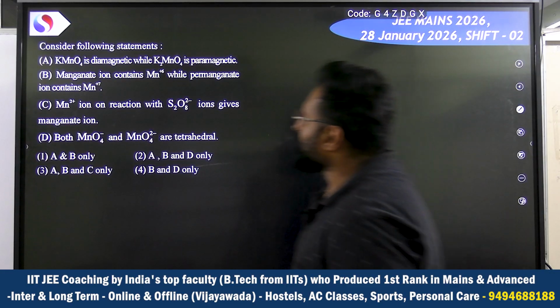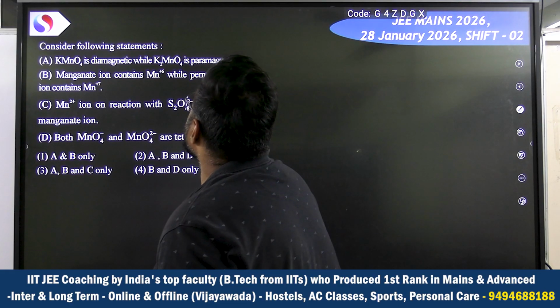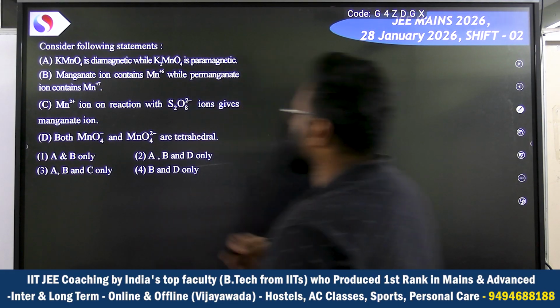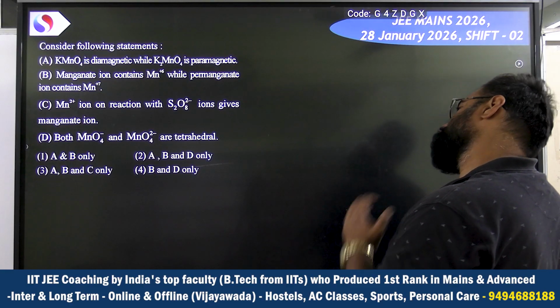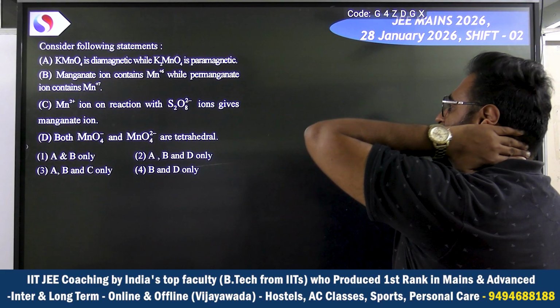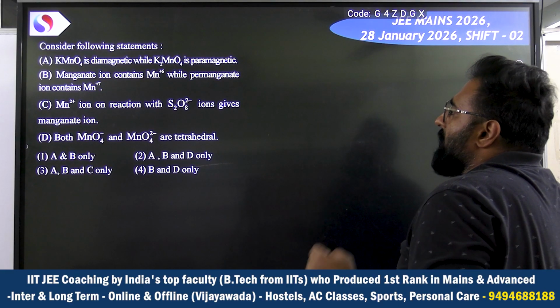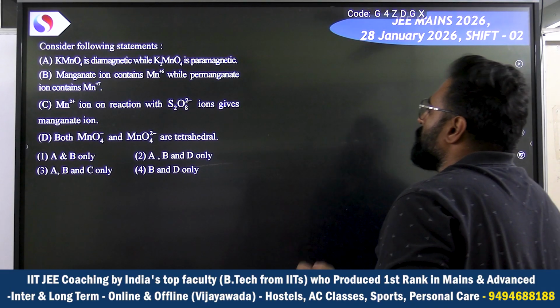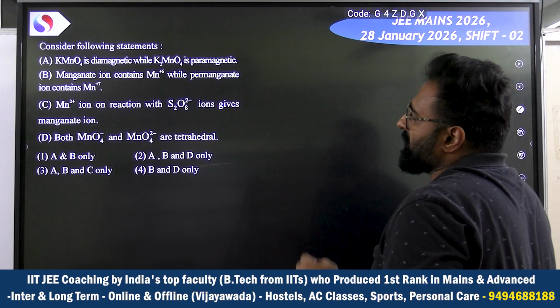Next, the following statements: KMnO4 is diamagnetic and K2Cr2O7 is paramagnetic. Okay, manganate ion contains Mn plus 6 while permanganate ion contains Mn plus 7. Okay, Mn plus 2 on reaction with S2O8 minus 2 ions gives permanganate ion.